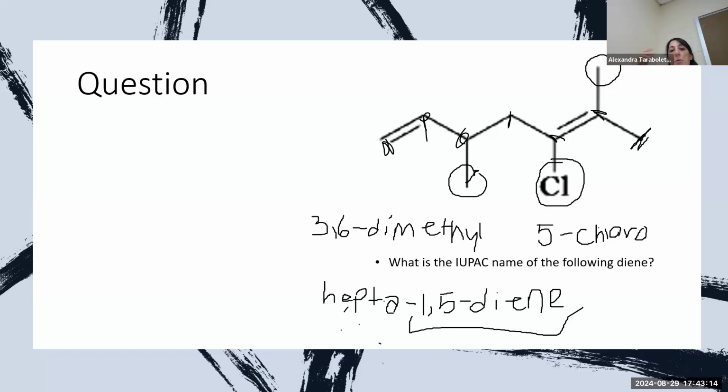So you also could have written 5-fluoro, 3,6-dimethyl, 1,5-heptadiene. I like to just put the 1,5 in the middle. Personally, it makes more sense because I'm seeing exactly what the numbers are attached to. They are for naming that functional group, the ene, but both ways are accepted.